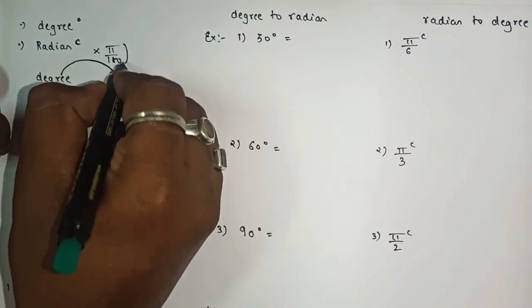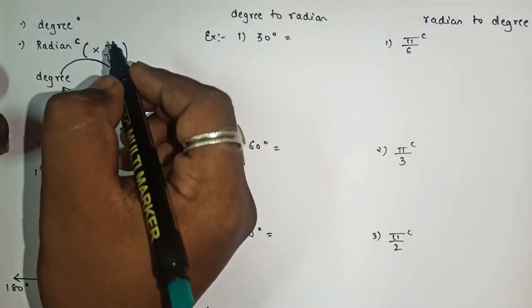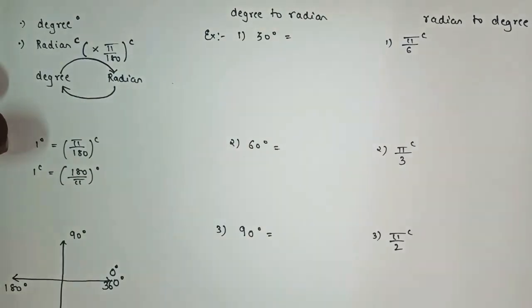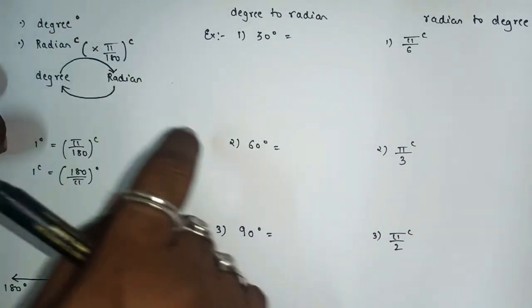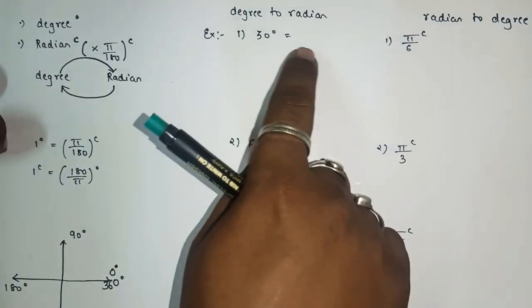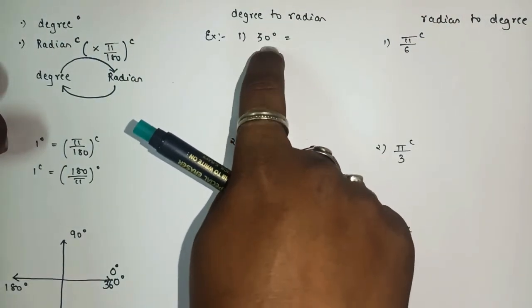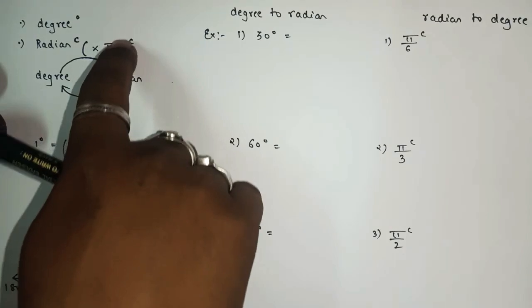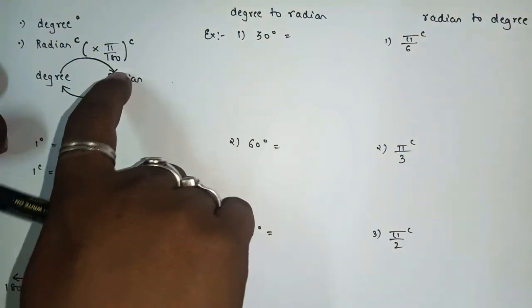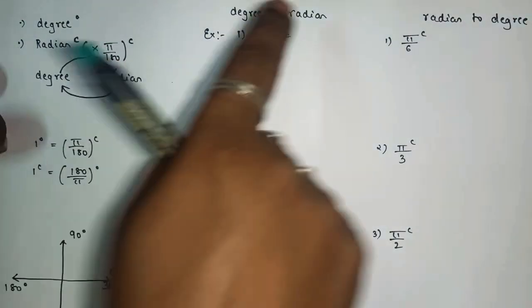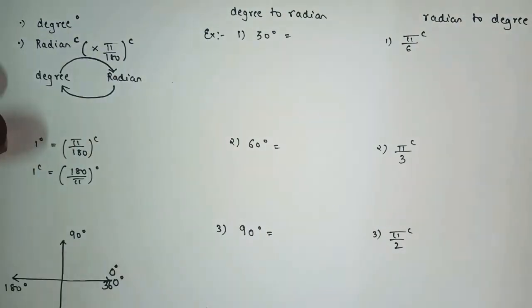As you multiply that term by pi by 180, it will get converted into a radian. Suppose here we have 30 degree, simply you will multiply this 30 degree by pi by 180. As you multiply by pi by 180, that degree will get converted into a radian. Understood?